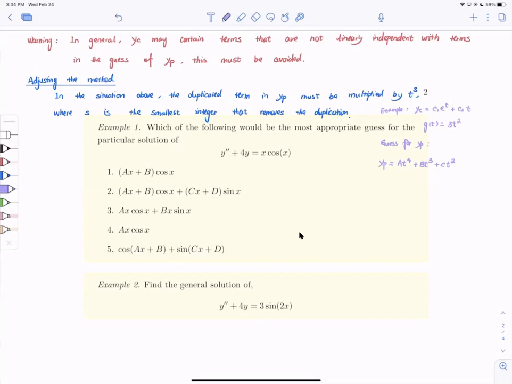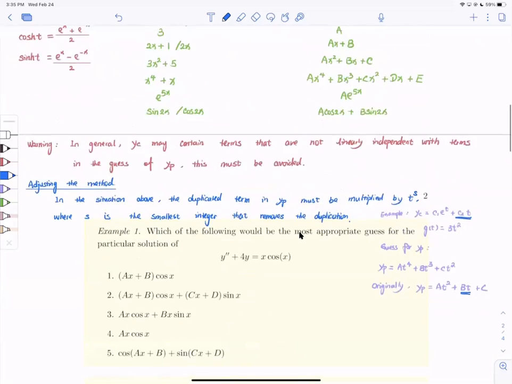Originally, for this g of t, you should have a quadratic term, so at squared plus bt plus c, but this and this are linearly dependent.